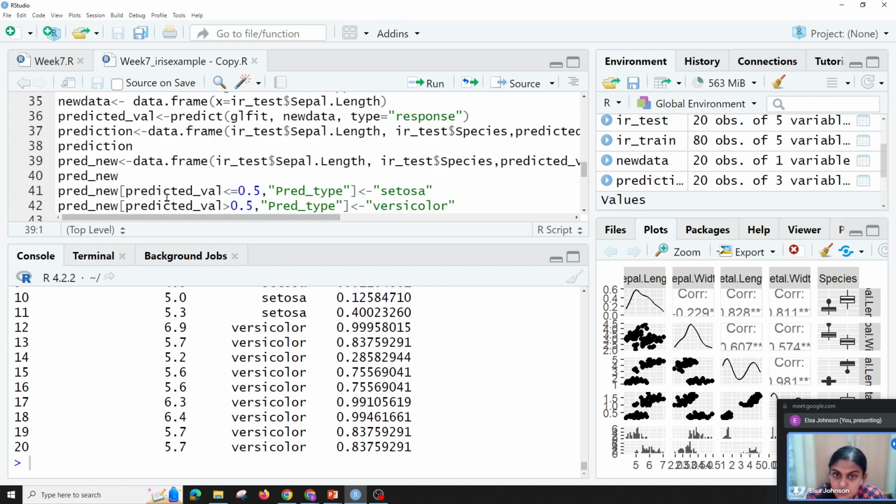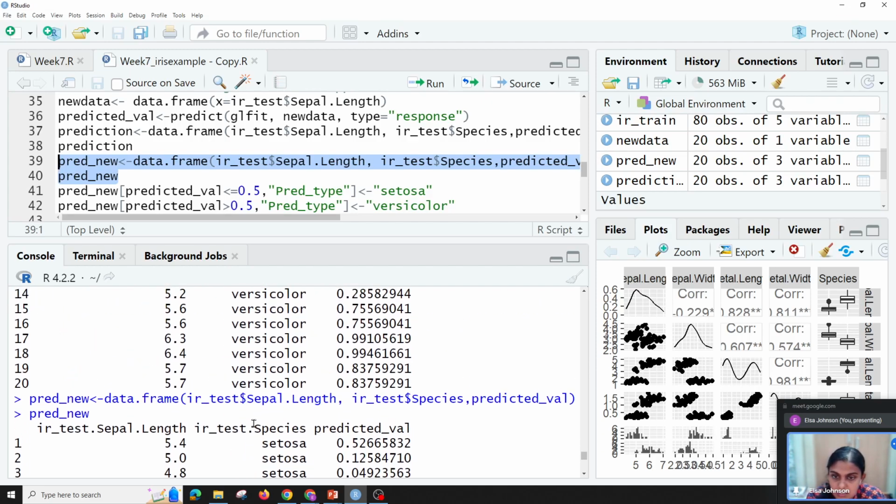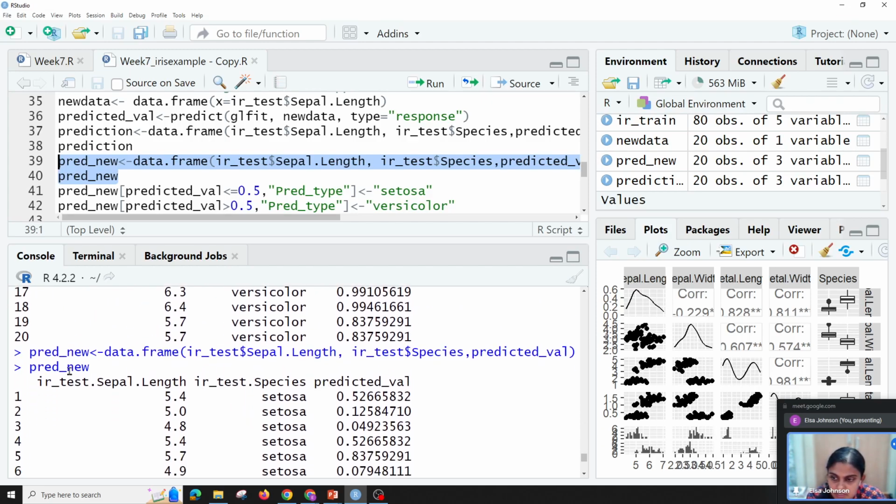So what we'll do is change the same prediction to some other new value. Pred new I'm giving like that, so another new data frame. We still have the prediction data frame also.